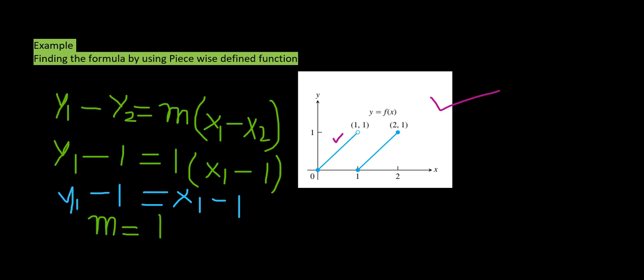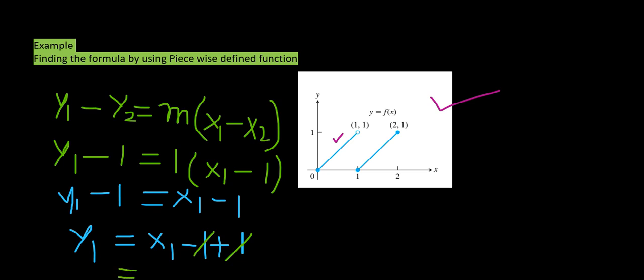I am raising the slope that is equal to 1 again to make space, and you can see that I am going to place my minus 1 on the other side, and when we transfer it to the other side, you have to change the signs and it will become 0, and we have x1 is equal to y1, or you can simply write it as y.